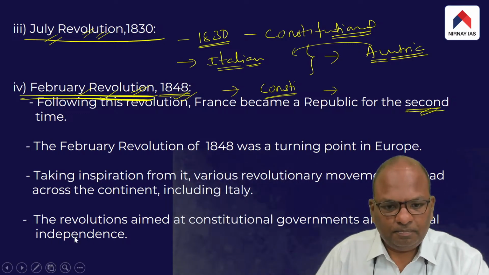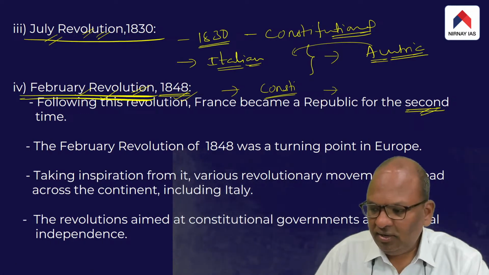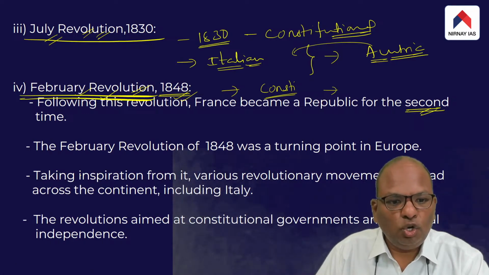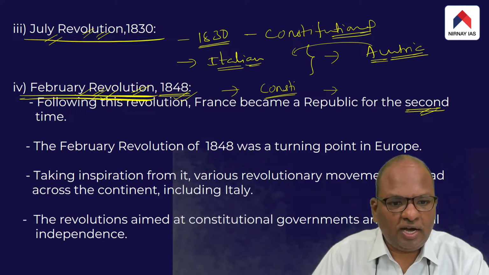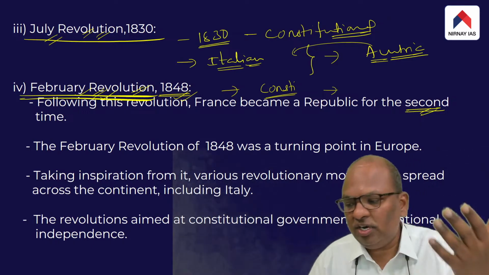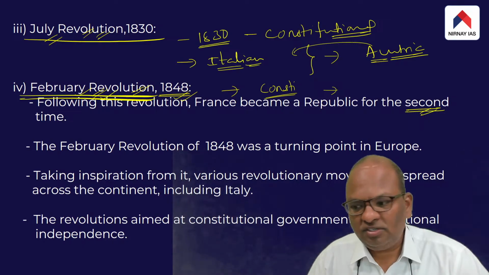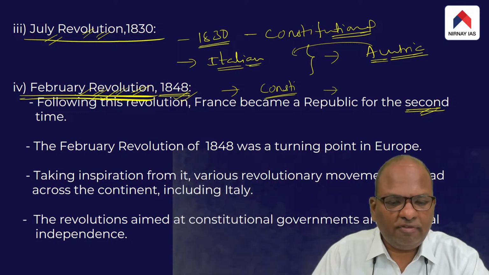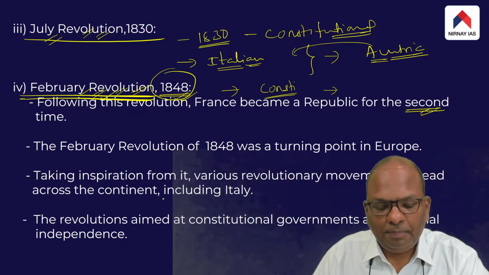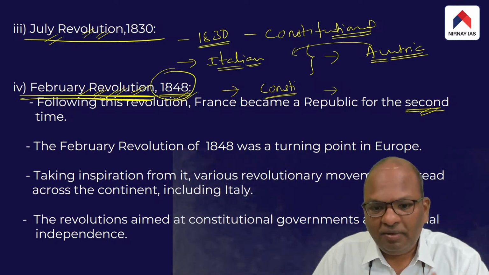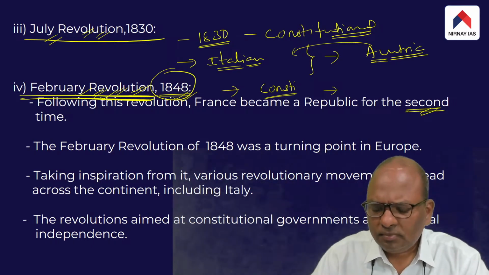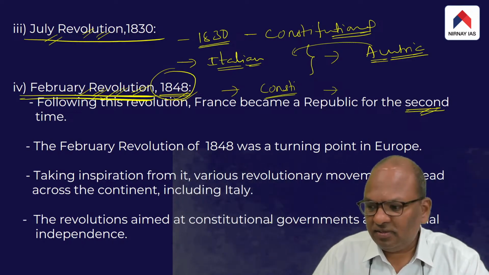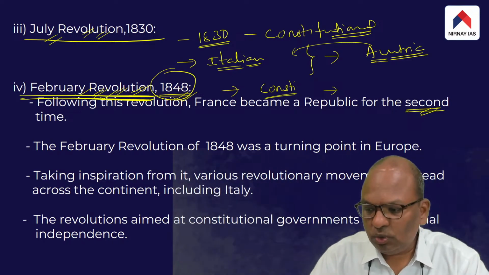Once again, the people of Italy took this revolution of France as an inspiration. They started revolting against their governments on a very big scale. When I say respective governments, basically in Italian-speaking territories, various foreigners were ruling.